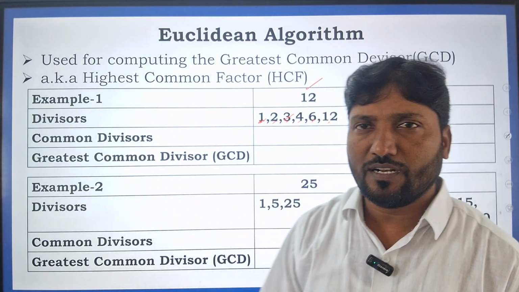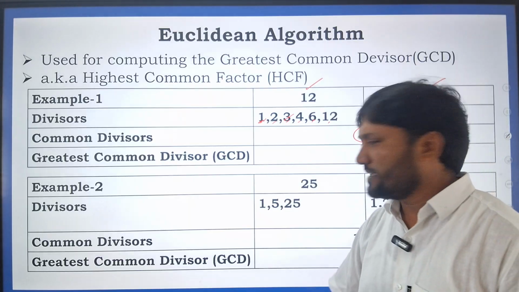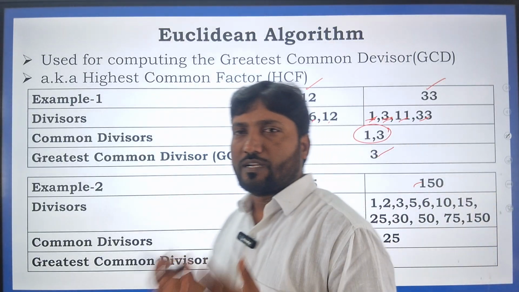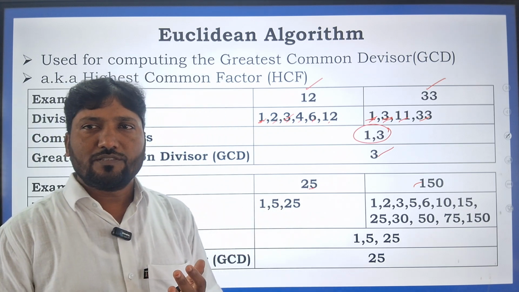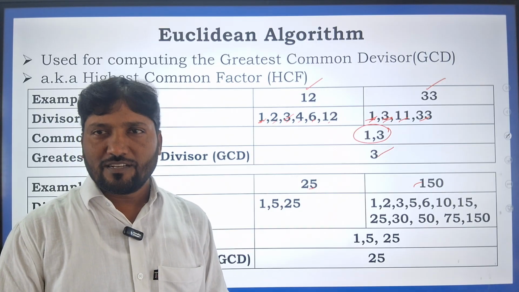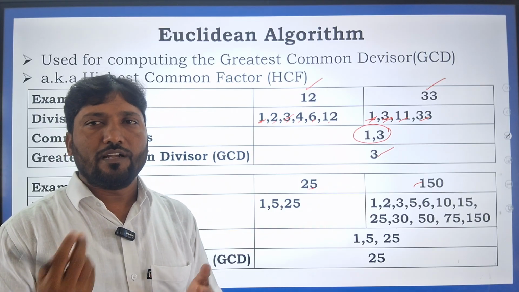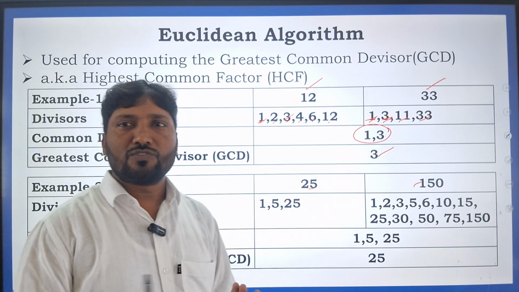This is one more method to calculate the GCD of two numbers. And there is one more simple example here: 25 and 150. Find out the GCD of 25 and 150. The first step is to find the divisors of 25 and 150. The second is to identify the common divisors of these two numbers.